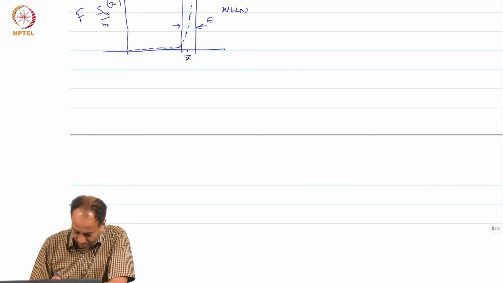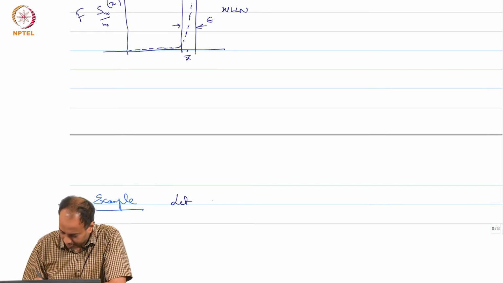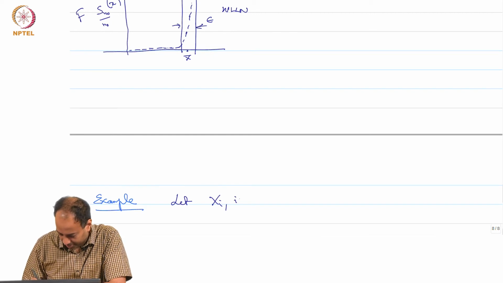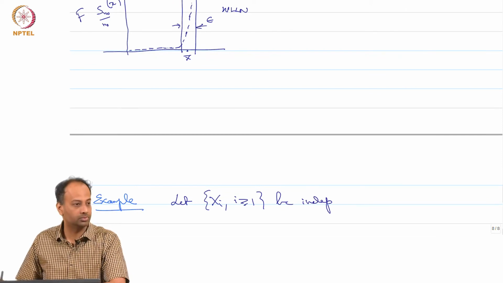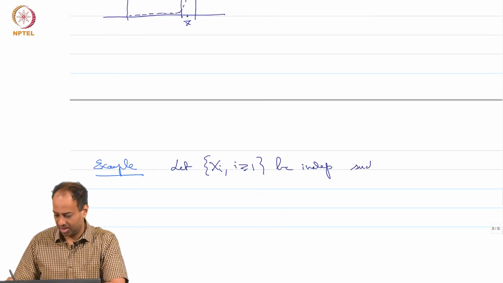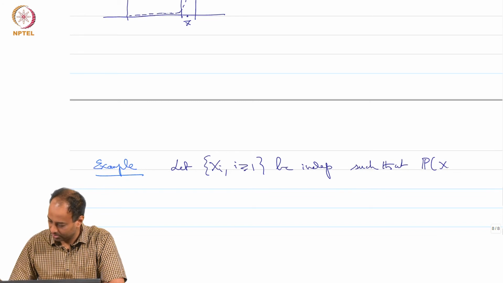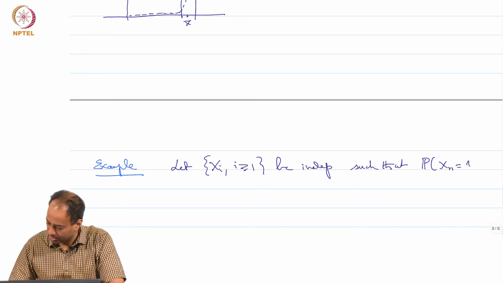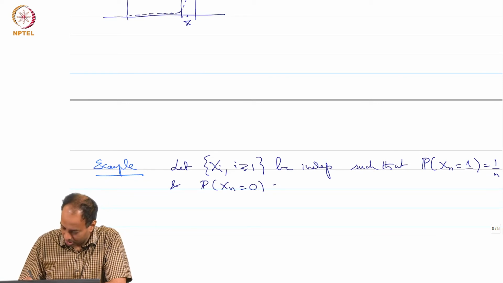So, you take another example. Let X_i be independent random variables such that the probability that X_n is equal to 1 is 1 over n, and the probability that X_n is equal to 0 is equal to 1 minus 1 over n.